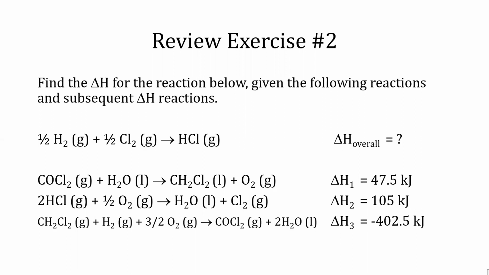Delta H1 equals 47.5 kJ. 2HCl plus half O2 forms H2O plus CO2. Delta H2 equals 105 kJ. CH2Cl2 plus H2 plus 3 halves O2 forms COCl2 plus 2H2O. Delta H3 equals negative 402.5 kJ.